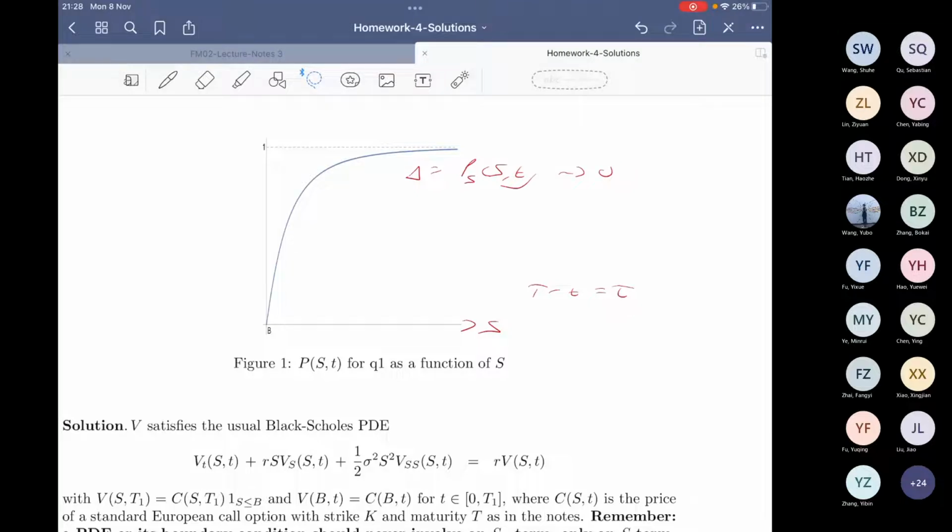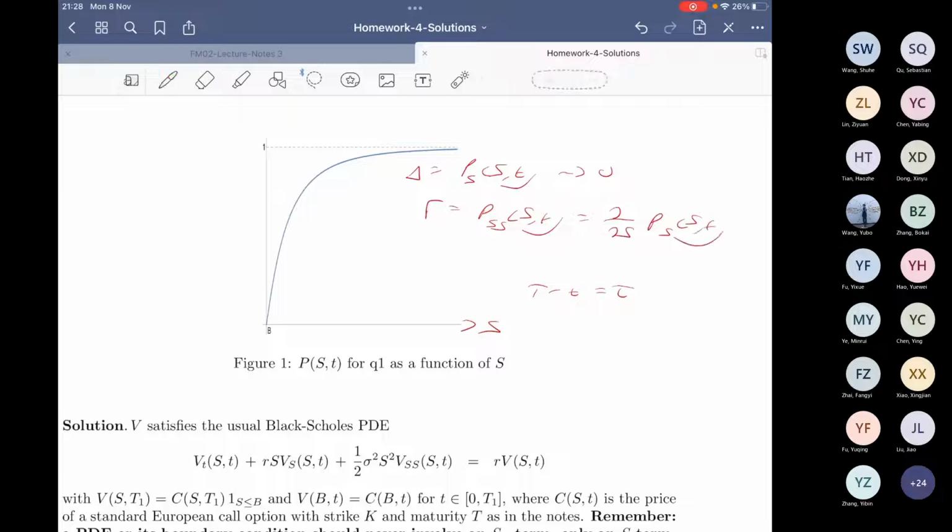So if the slope is decreasing, it means that the gamma is negative, because the gamma, remember, we define as P_SS(S,T), which is the same as d/dS of P_S(S,T).